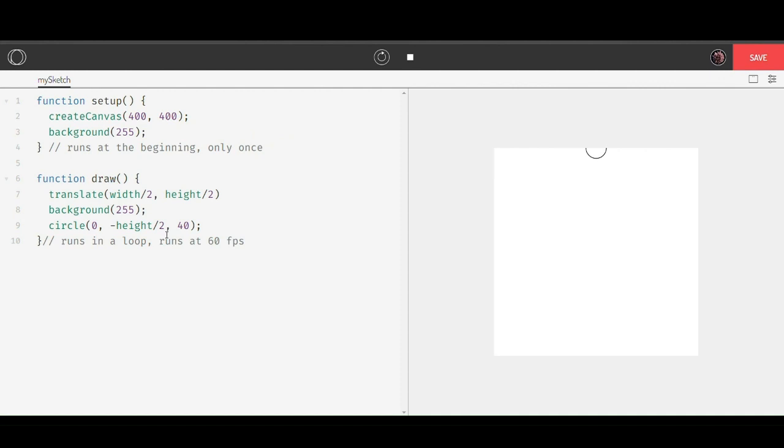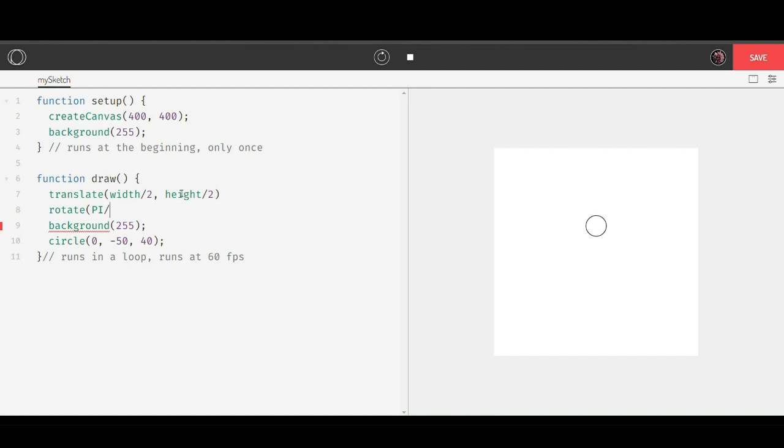Another thing that we can do, aside from translating the canvas, is rotate it, and it's going to give us a quite different look. Just as a heads up, the default angles of P5JS are in radians, so we're going to be using pi.